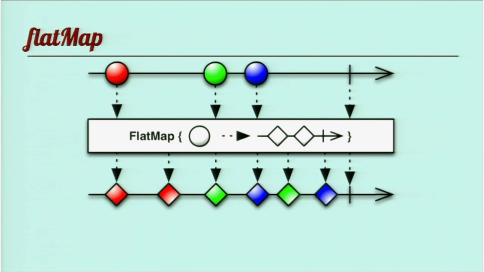And what FlatMap will do is these internal individual observables, it will flatten them in the output stream. So for each item in the input stream, it will make an asynchronous call somehow, and that will produce a small observable, and take the data in this little stream here and flatten it into the output stream.